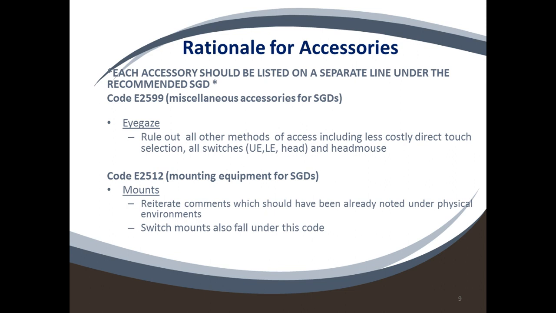So you cannot say, I'm recommending a PRC Accent 1400 with the new eye accessory, or a Tobii Dynavox I-15 with eye gaze. You have to use the word "and." It has to be on a separate line, even though you're thinking of the two things working together.